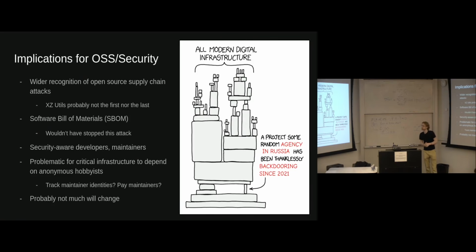Besides, if the SSH overhead wasn't noticed, is there any other place that might have given it away? Yeah, there are a couple things. So I did skip over some of the other mistakes that they made. They had to update the binary test file because they made a mistake that was causing Valgrind errors.